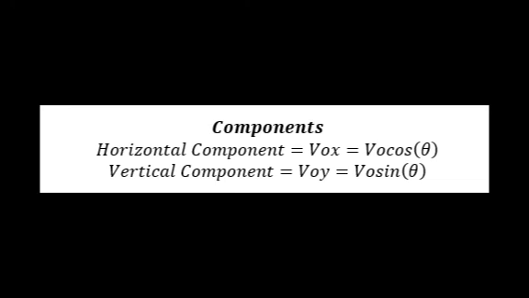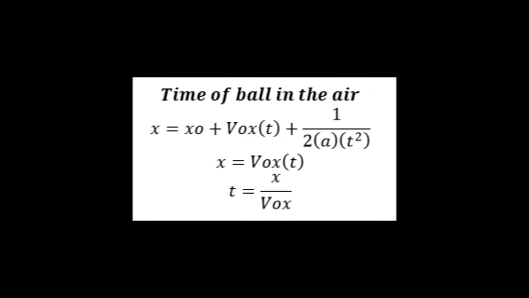Now, let's try to find the time of the ball in the air using x. x is equal to the initial position plus the velocity of x multiplied by time plus 1/2 multiplied by acceleration times time squared.